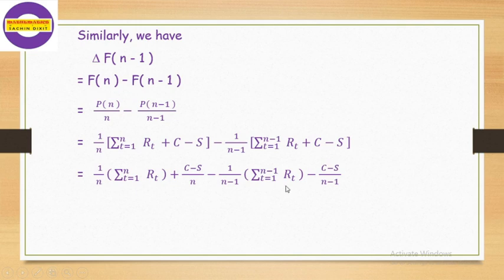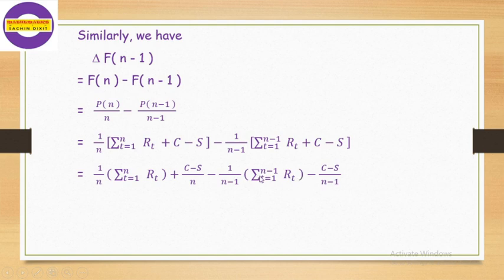We have to add that term, that is Rn. In this summation we have to add Rn, and so this summation becomes 1 to n, and one term Rn we have to adjust here, means plus Rn minus Rn.